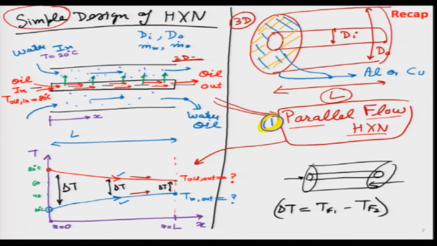If we try to draw the temperature profile for both cases, we see some very interesting curves coming out over here, and we wanted to put a question mark: what is the value of delta T in this particular case? We are calling it the parallel flow heat exchanger, and delta T we can define at all points, but we cannot give one number for the whole heat exchanger, particularly here, because what we are seeing is that delta T is changing with the distance, isn't it?